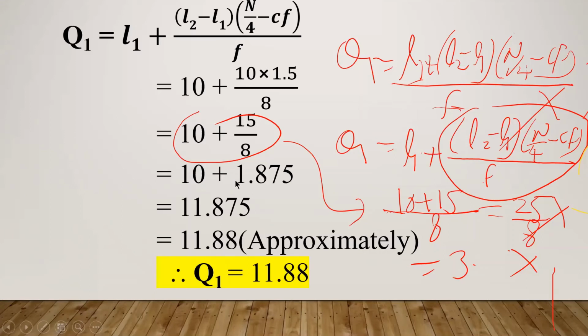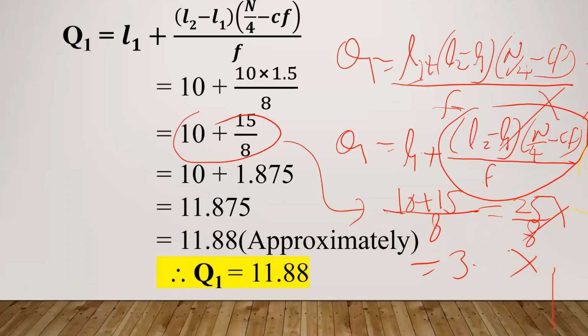So I have to look at the third value. If it is 5 or more than 5, then I have to increase the second value by 1. I have seen that the third place is 5. So I will increase this 7 by 1, so it will become 8. So approximately I will get the answer as 11.88. So my value for Q1 is 11.88.